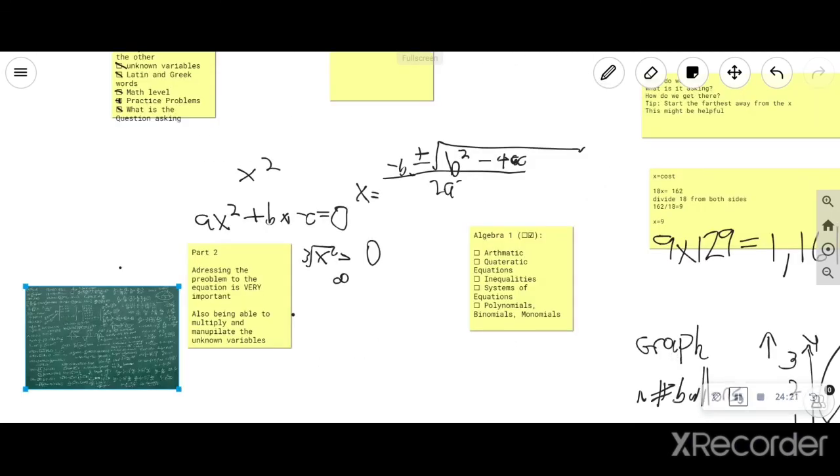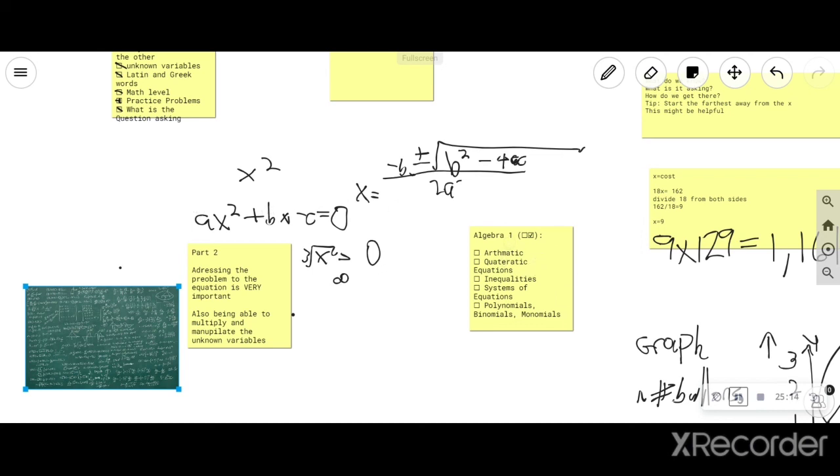As we are wrapping up, the final thing I want to discuss is that translating problems into equations is very important. I think that's a very important tip to have. And knowing what the problem is will better help you address what the solution is as well. And also being able to multiply and manipulate unknown variables in different solutions. There's also infinite signs, quadratic equations, and different types of math.